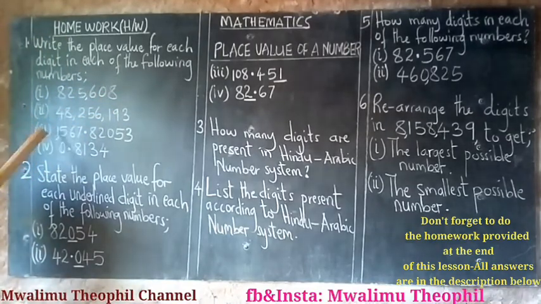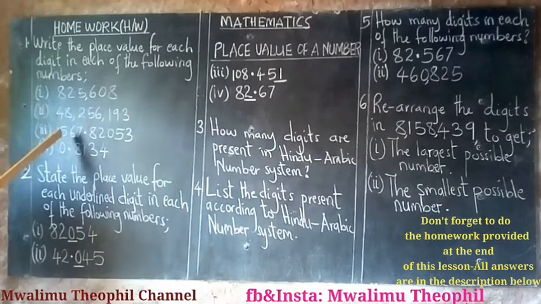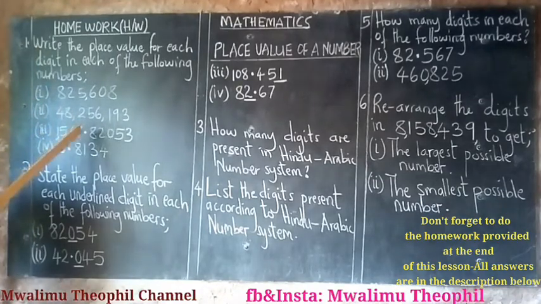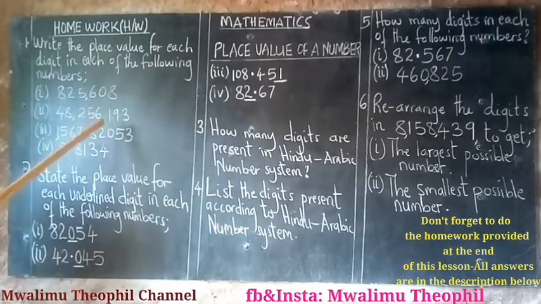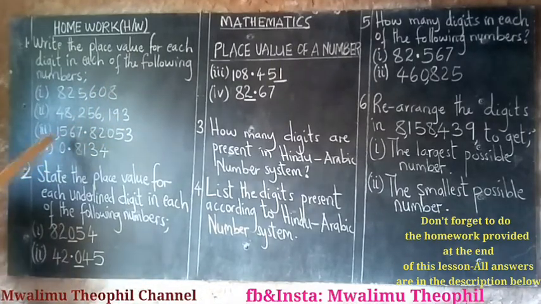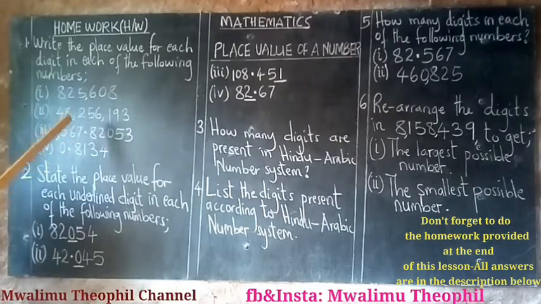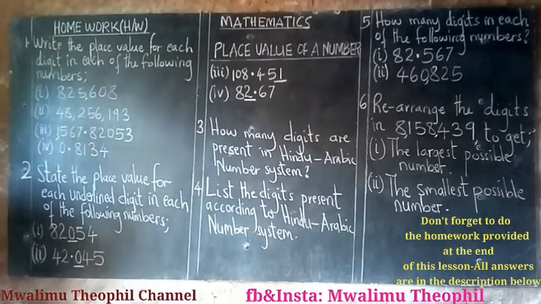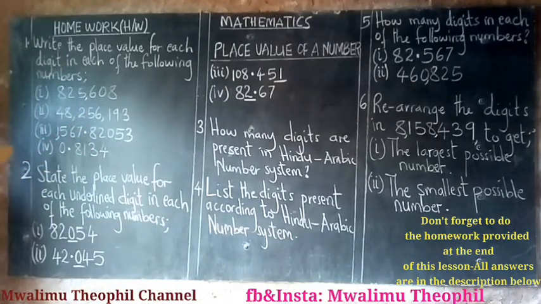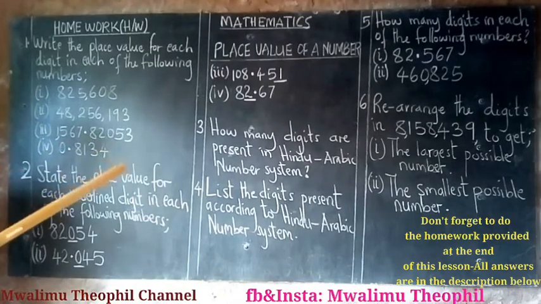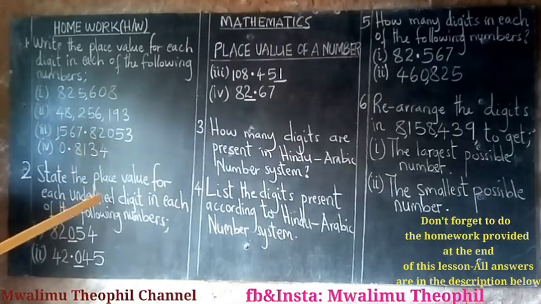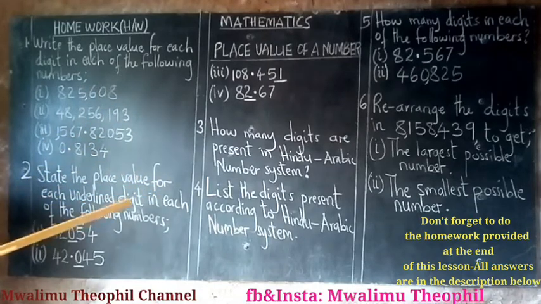A third number, 1,567.8205. Our fourth number is 0.8134.